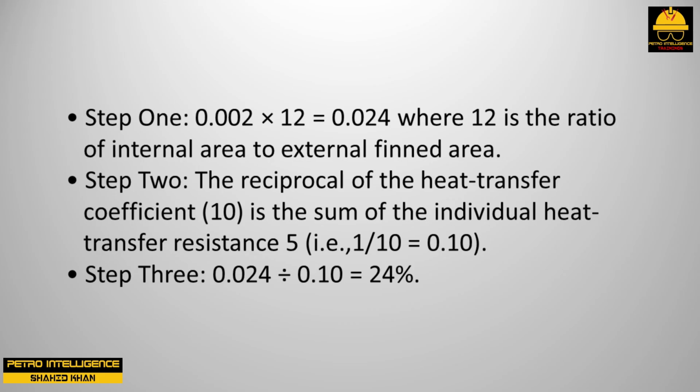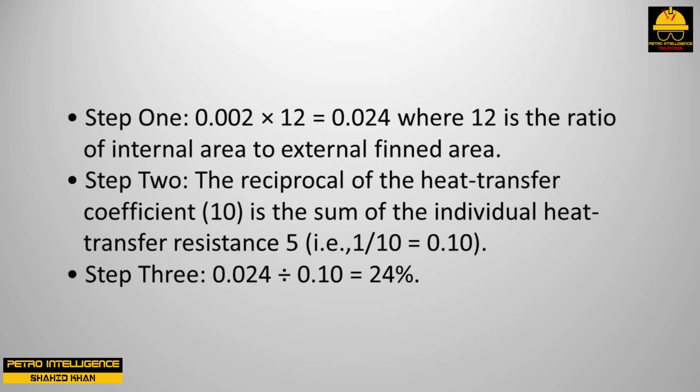Step 1, 0.002 times 12 is equal to 0.024, where 12 is the ratio of internal area to external finned area. Step 2, the reciprocal of the heat transfer coefficient, 10, is the sum of the individual heat transfer resistances, that is, 1 divided by 10 is equal to 0.10.